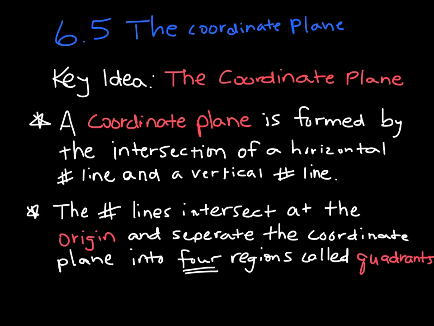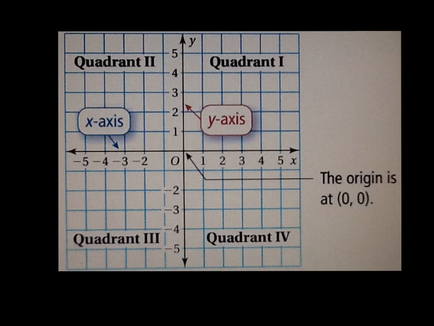The number lines intersect at the origin and separate the coordinate plane into 4 regions called quadrants. And this is what it would look like. Just like what you did with the coordinate plane on page 275, I just didn't give you any explanation of what everything means.